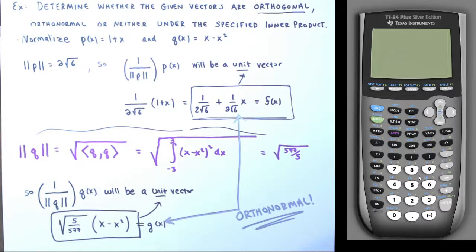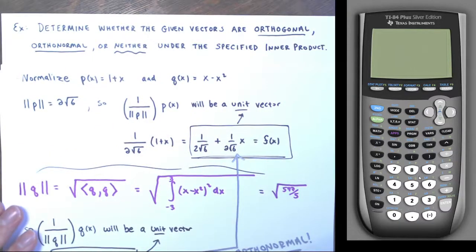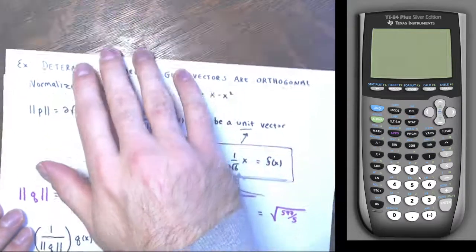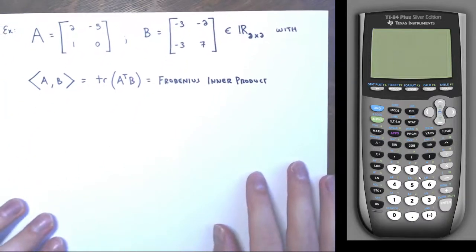All right, so I'm not going to do this normalizing with the last example. I just simply want to check, are the vectors orthogonal, orthonormal, or neither under the specified inner product. This time my vectors are 2 by 2 matrices.